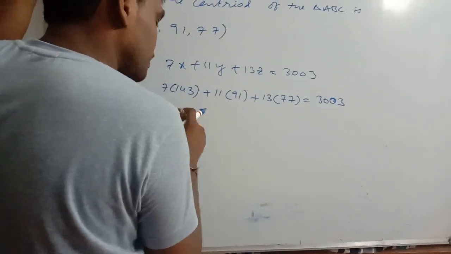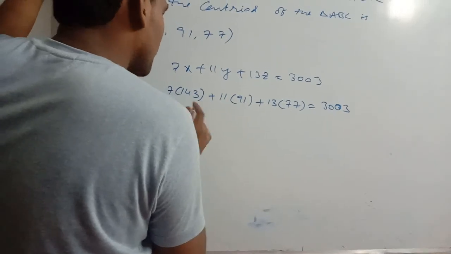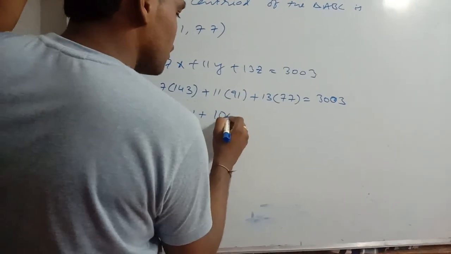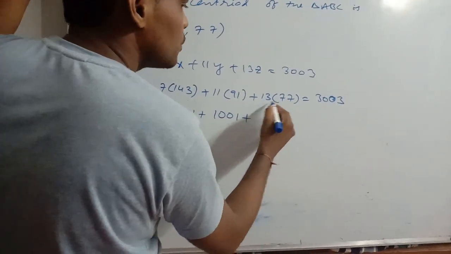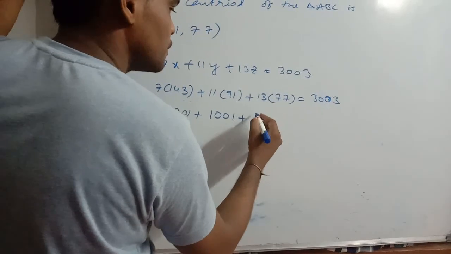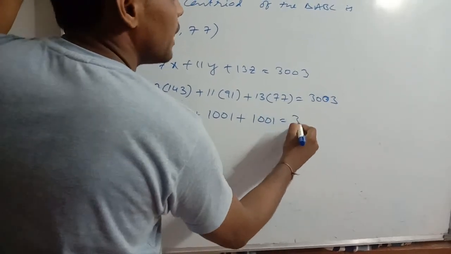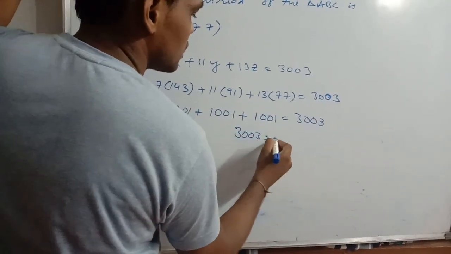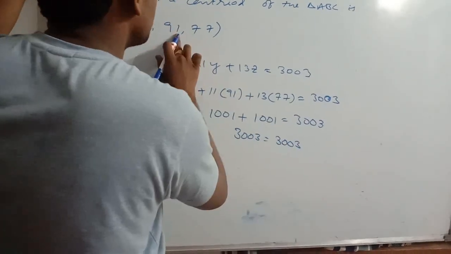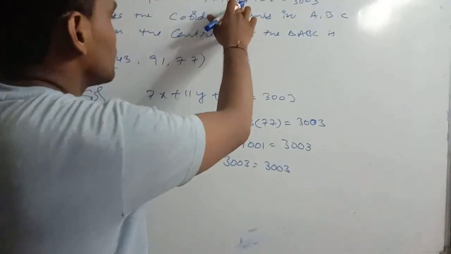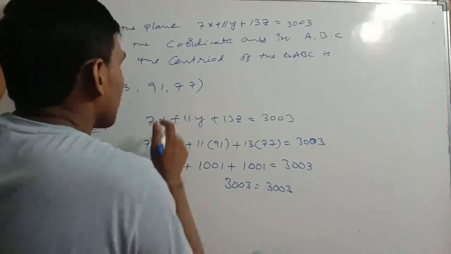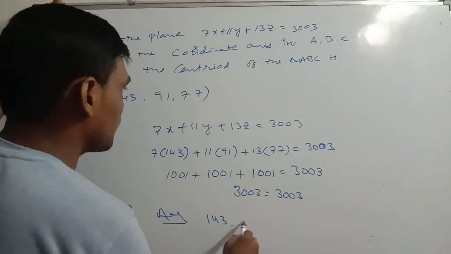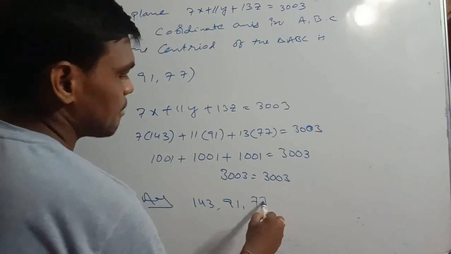Here 7 into 143 is 1001, plus 11 into 91 is 1001, plus 13 into 77 is 1001, and this 1001 times 3 is equal to 3003, so this point lies on this plane, and this is the centroid of the triangle ABC. Now the answer is (143, 91, 77).